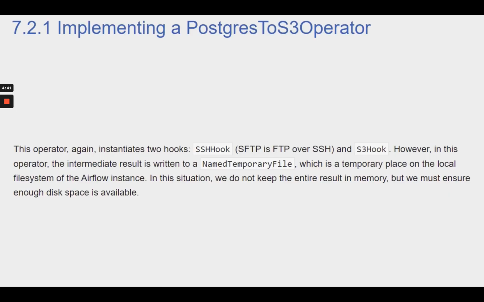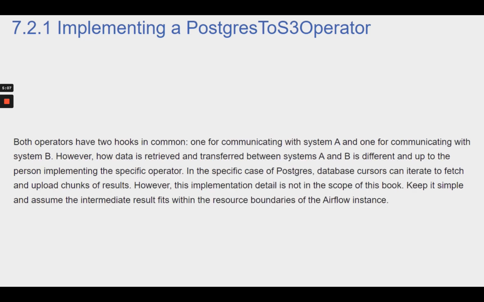This operator, again, instantiates two hooks, SSH hook, since SFTP is FTP over SSH, and S3 hook. However, in this operator, the intermediate result is written to a named temporary file, which is a temporary place on the local file system of the Airflow instance. In this situation, we do not keep the entire result in memory, but we must ensure enough disk space is available.